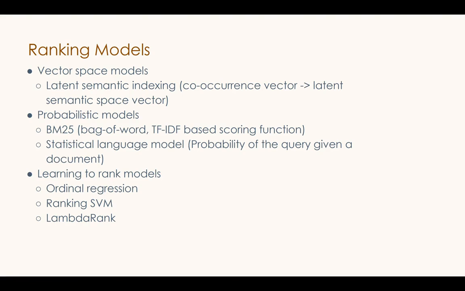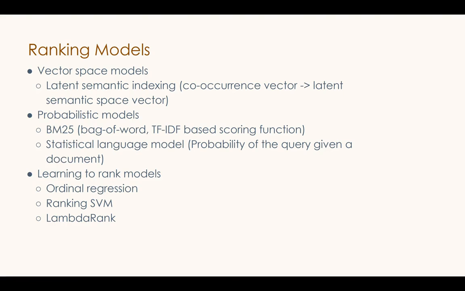We take the co-occurrence matrix and run an SVD kind of operation to get the latent semantic space vectors, and with these vectors we can look at the distance between the query and the document. We can calculate the cosine similarity or the Euclidean distance, and these distances can be used as a metric to rank the documents.